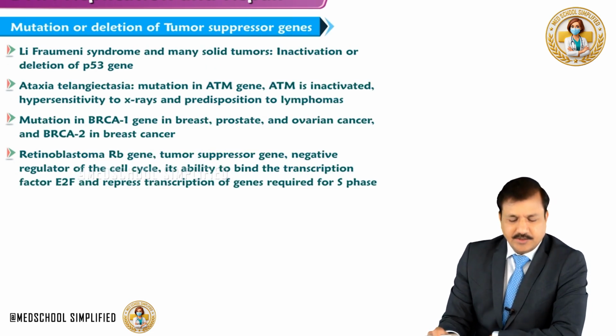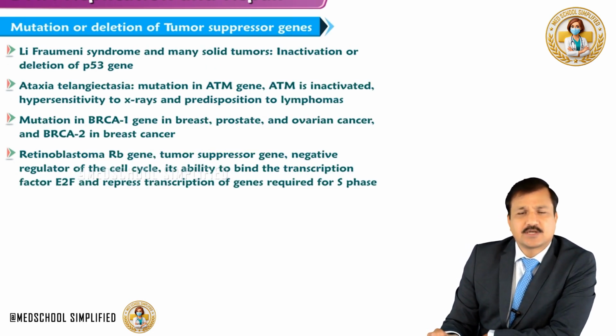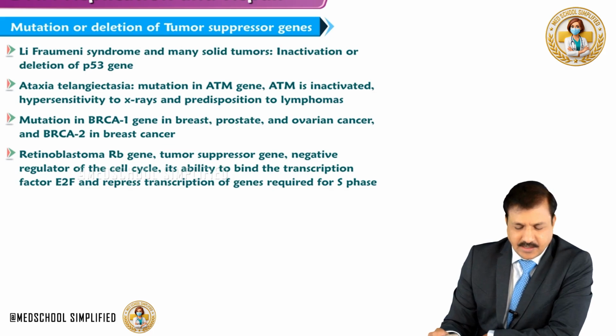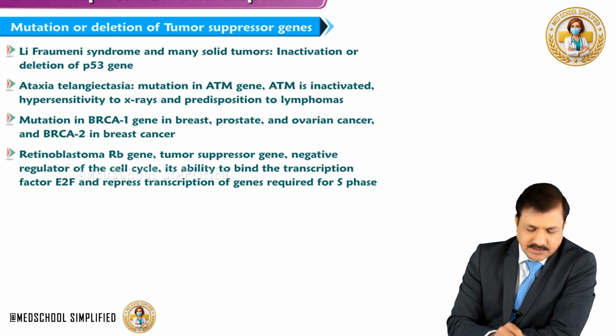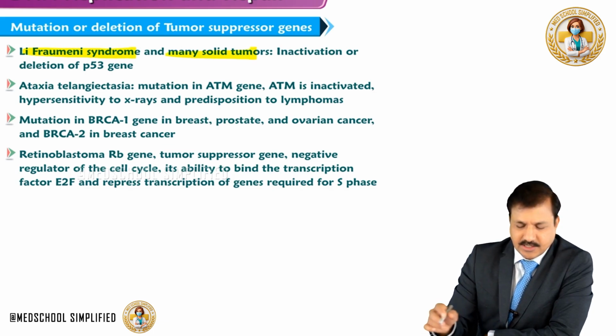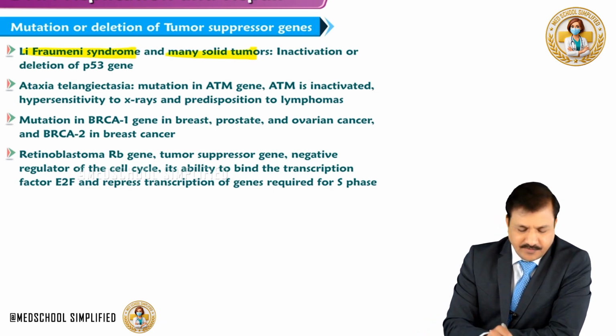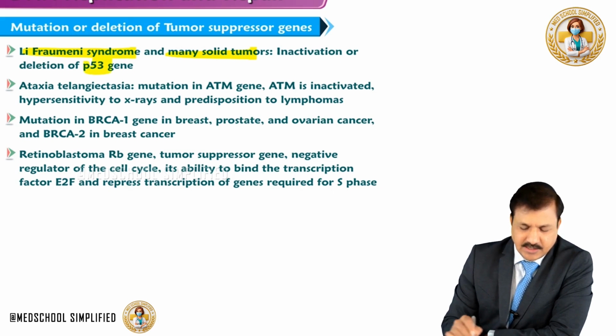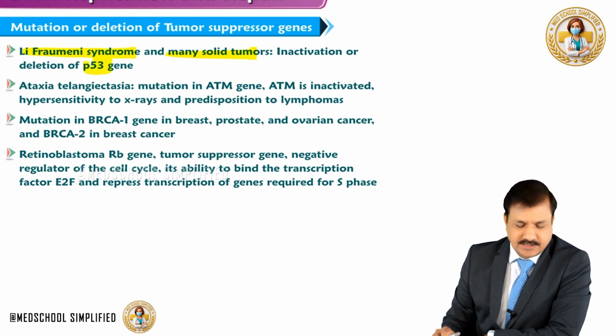Now the mutation or deletion of tumor suppressor genes can also be seen, and one such disorder is Li-Fraumeni syndrome and many solid tumors, where there is inactivation of a tumor suppressor gene, the P53 gene.